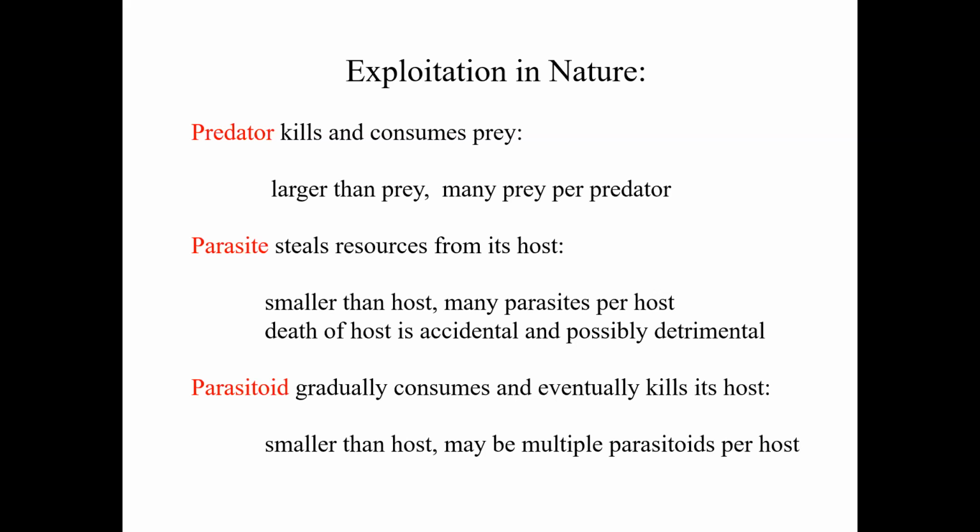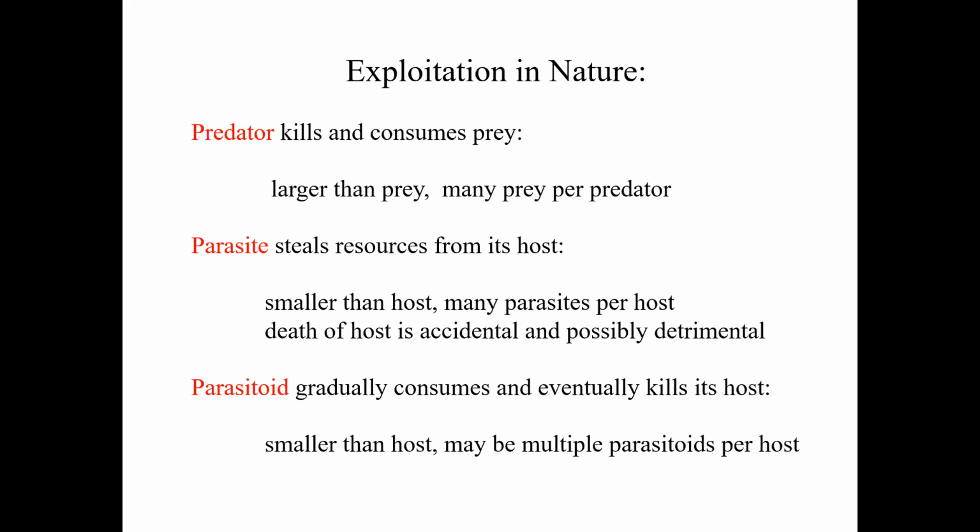Now, the host may die as a result of having too many of its resources stolen, but that's not what the parasite is after. The parasite is not trying to kill the host, unlike the predator, which must kill its prey. A parasite is simply sitting there trying to get enough resources to reproduce.